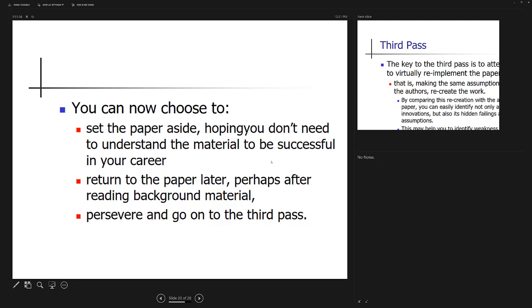So do not expect a research paper to present lots and lots of details. Go to the web, go to tutorials, Wikipedia, surveys of that specific area, and read the stuff first. Try to understand it.